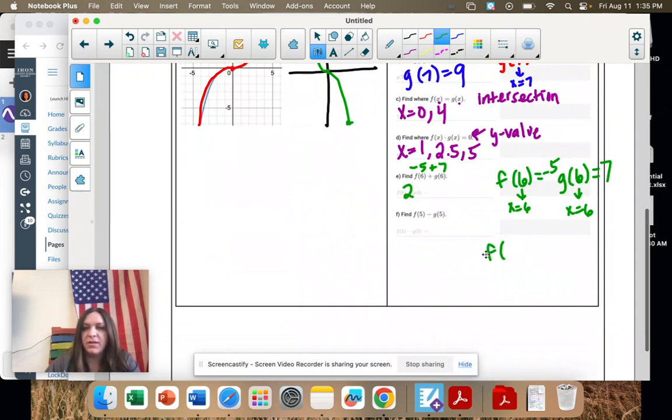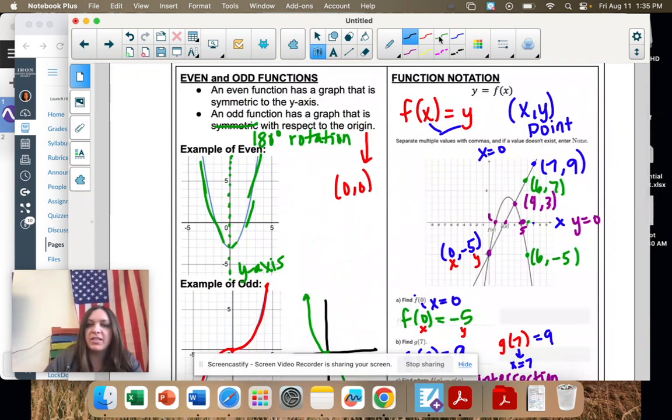We're going to do that same thing again, f of 5 minus g of 5, but now we got to go find out what's x equals 5. What's the y value? So again, I like to go to the x-axis, go to 5, and then go find the graph. Oh, I'm right here. It's hard to see. They're all overlapping. Well, one of them is right on the axis, 5, 0, perfect.